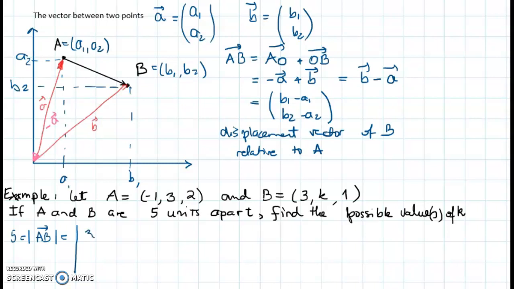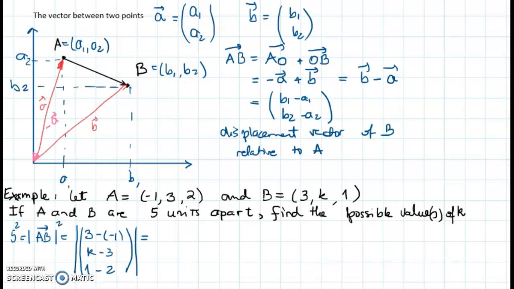So we're going to have 3 minus (-1) for the x coordinate, and k minus 3 for the y one, and 1 minus 2 for the z coordinate. So let's square everything so we don't have to deal with square roots.